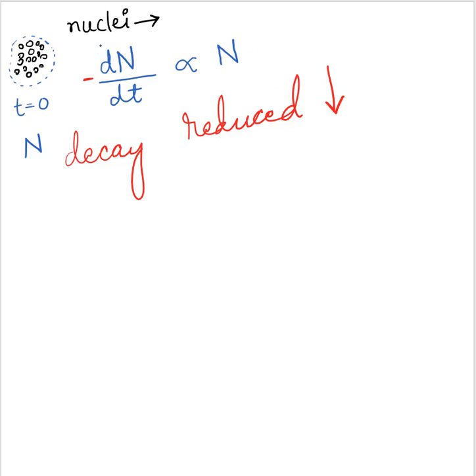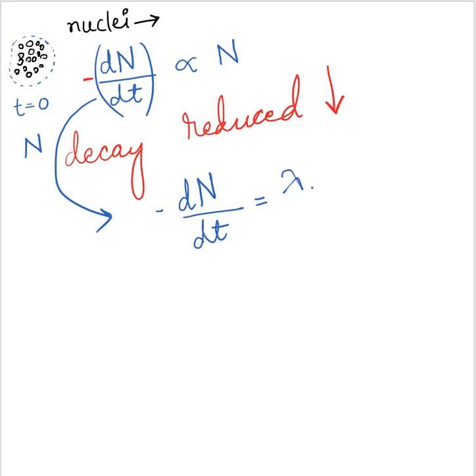Now we can remove the proportionality sign and replace it by equal to lambda n. Rearranging the terms, dn upon dt is equal to negative lambda n.